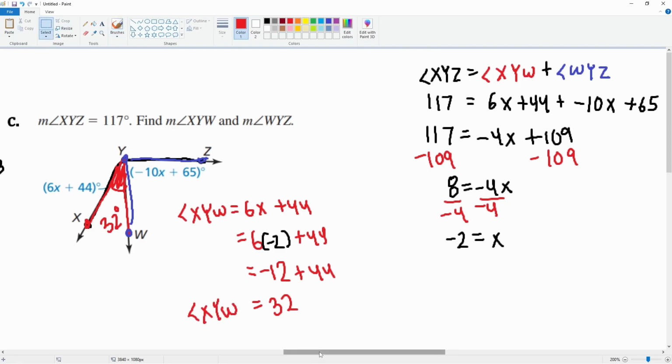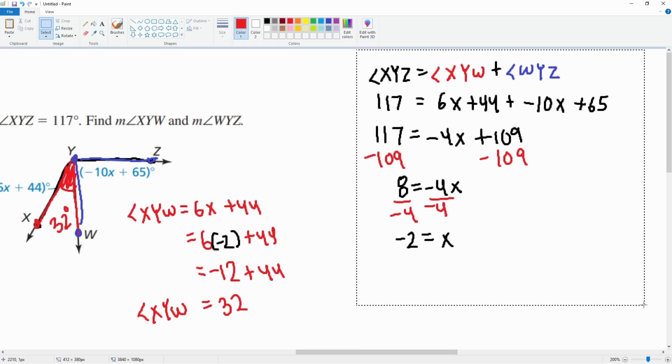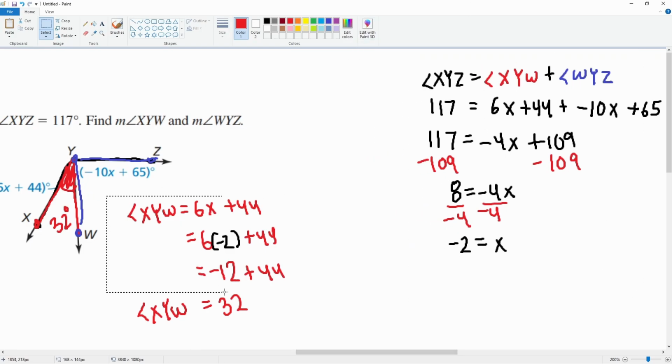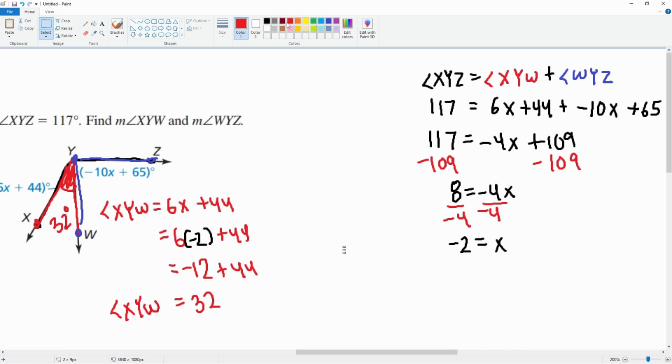Let me move this over a little bit. Now we want to find the other angle, which is in blue. That is angle WYZ, negative 10x plus 65. The x here is negative 2.